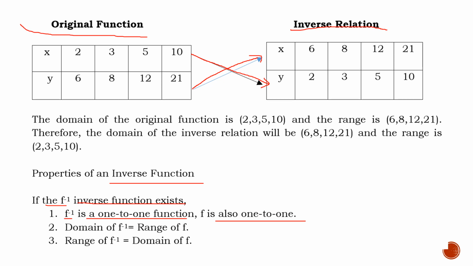Number 2, the domain of your inverse function is the range of your original function. For number 3, the range of your inverse function is the domain of your original function. That's why from these two tables above, as you can see, we just swap the values of your x and y once you are dealing with your inverse function. Whatever your range in your original will be your domain in your inverse. It's the same thing with the domain, which becomes your range in your inverse function.